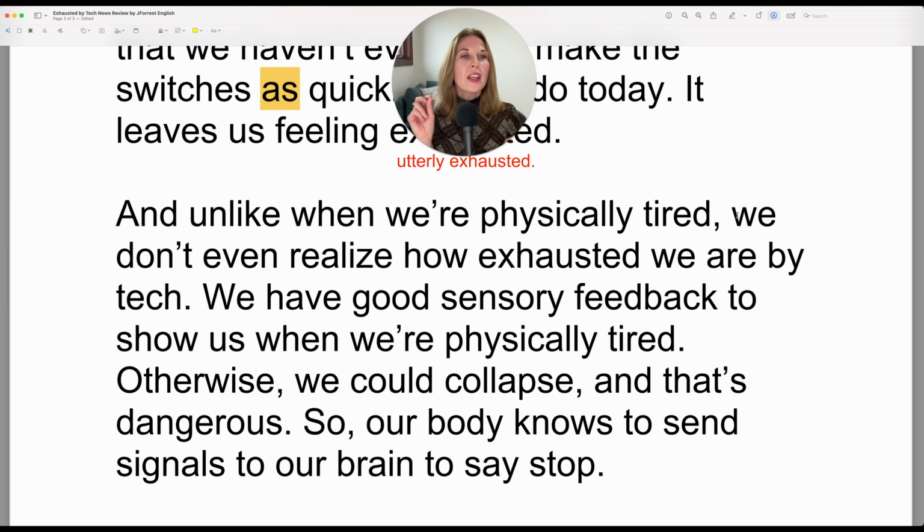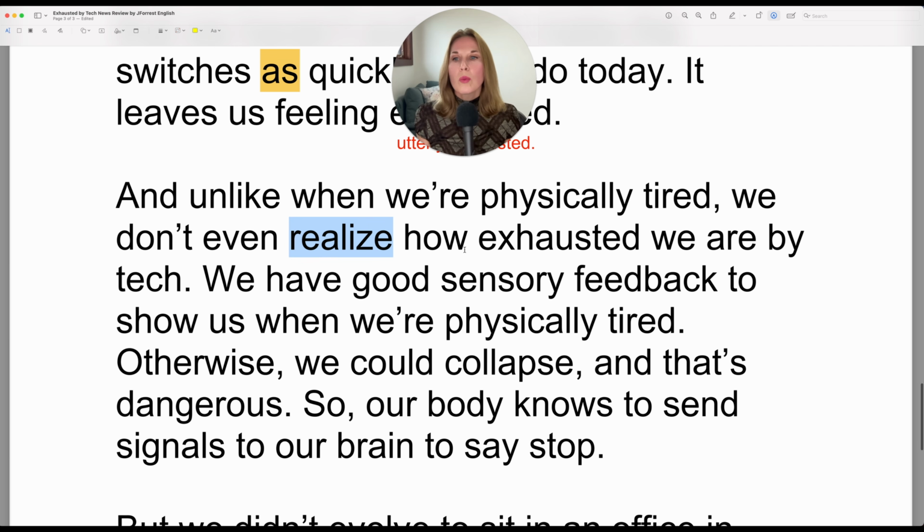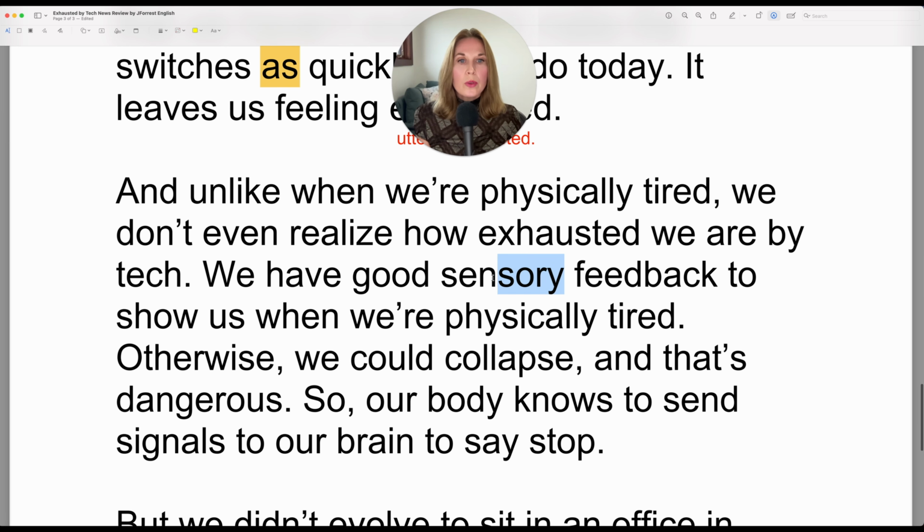But the author is saying we don't even realize, so we don't even know how exhausted we are by technologies. We have good sensory feedback to show us when we're physically tired. So sensory comes from our senses. So like I just said with myself, my eyes get tired, my body gets sore.